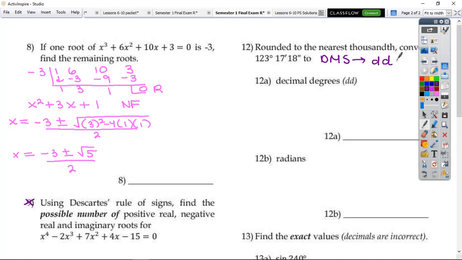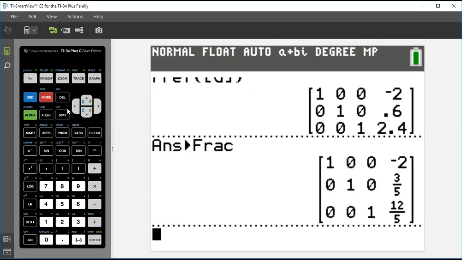Okay, so in your calculator, you are going to type all of that in exactly as it appears. Bear with me a minute.